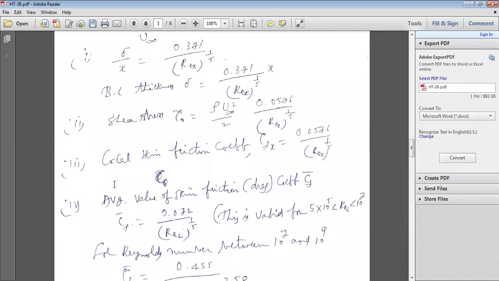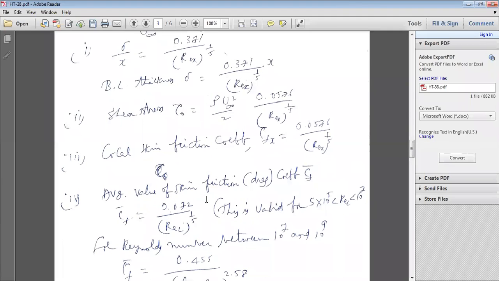So the fourth formula: the average value of the skin friction coefficient, Cf bar, is equal to 1 by L into the integral from 0 to L of Cfx dx.